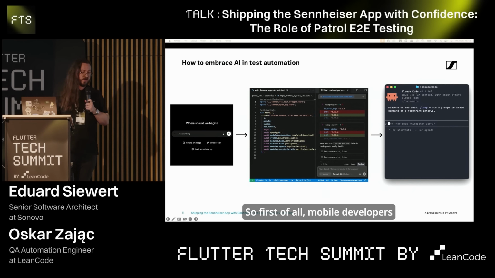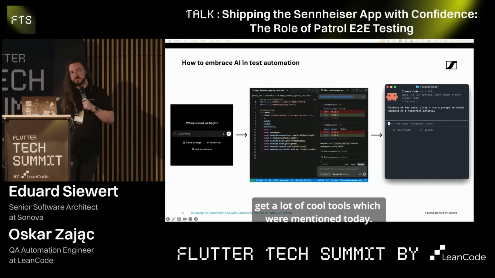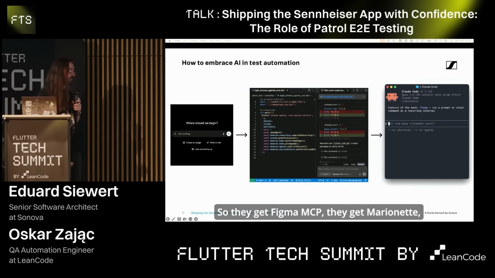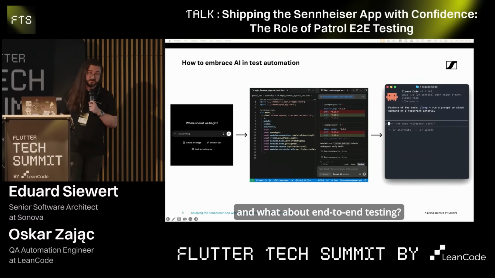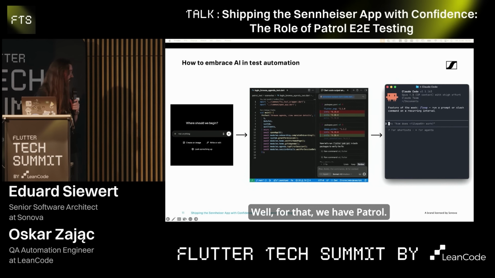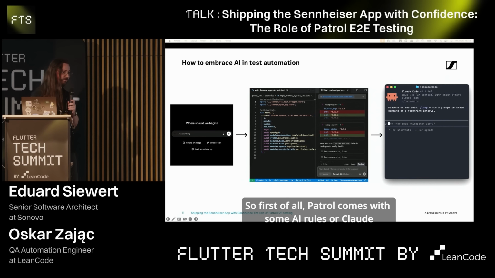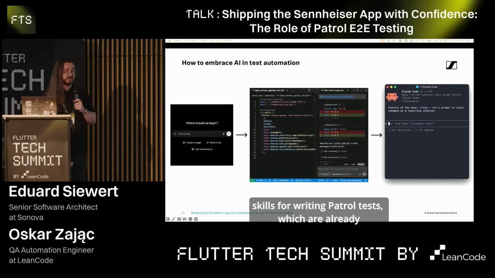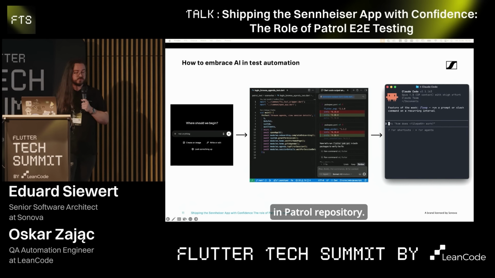So first of all, mobile developers get a lot of cool tools which were mentioned today. So they get Figma MCP, they get Marionette. And what about end-to-end testing? Well, for that, we have Patrol. First of all, Patrol comes with some AI rules or Claude skills for writing Patrol tests, which are already in the Patrol repository.